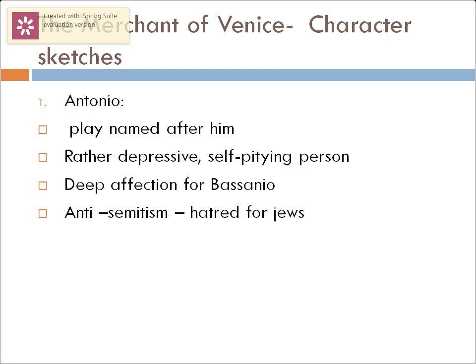But there is one negative character trait in Antonio, that is his anti-Semitism. He has a particular hatred for a particular class of people, like the Jews. Now, this shows that there are flaws in Antonio.